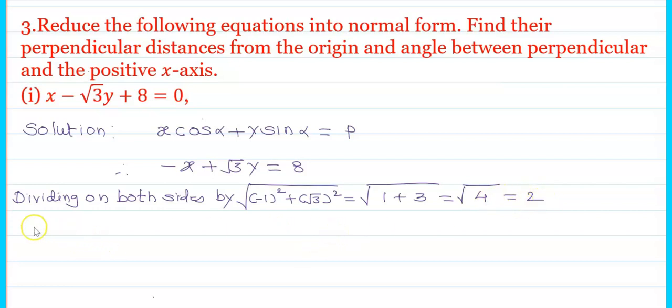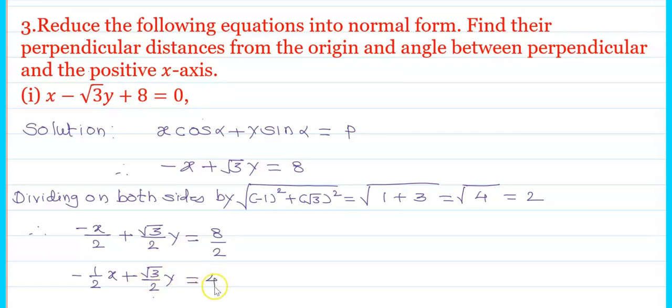Therefore we'll divide here: minus x upon 2 plus root 3 upon 2 y equals 8 upon 2. Then you will get minus 1 upon 2 x plus root 3 upon 2 y equals 4.